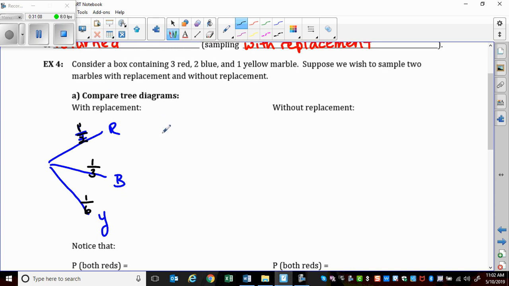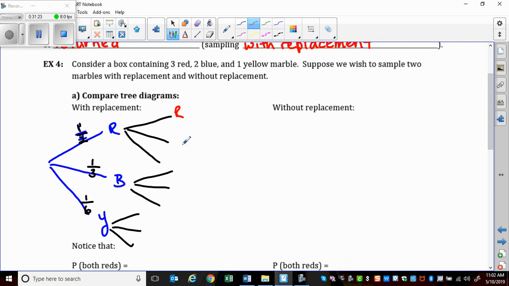With replacement, we're going to put it back in. Now when we pick another marble, we're still going to have red, blue, yellow on each branch, because we're putting them all back in. The probability for red is still going to be 1/2.